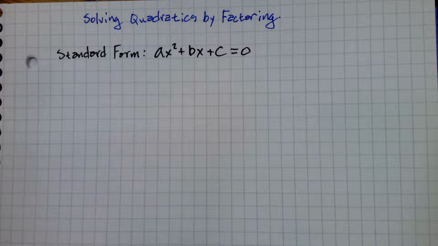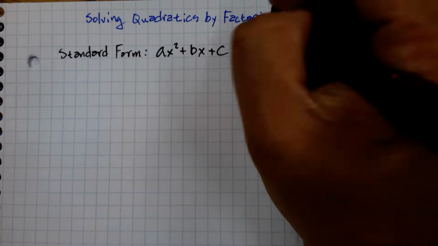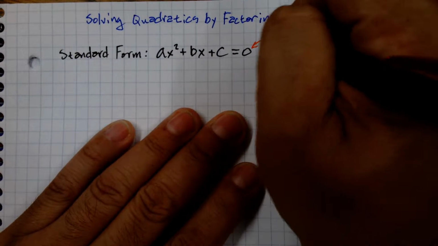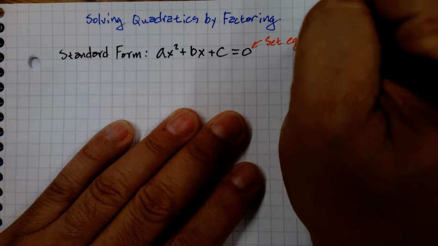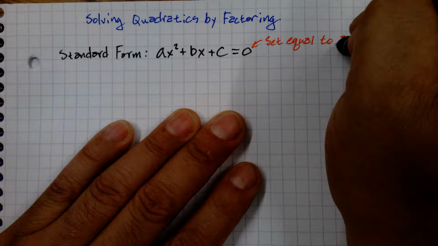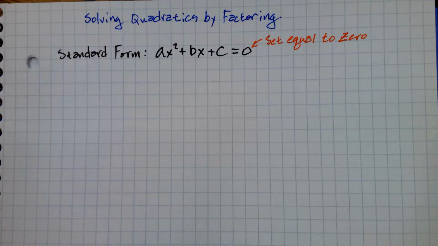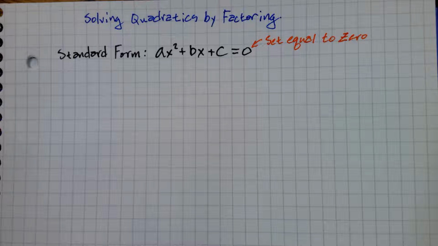But we're always going to set it equal to 0. And you're going to see why in a moment. But I just want to practice putting an equation in standard form.